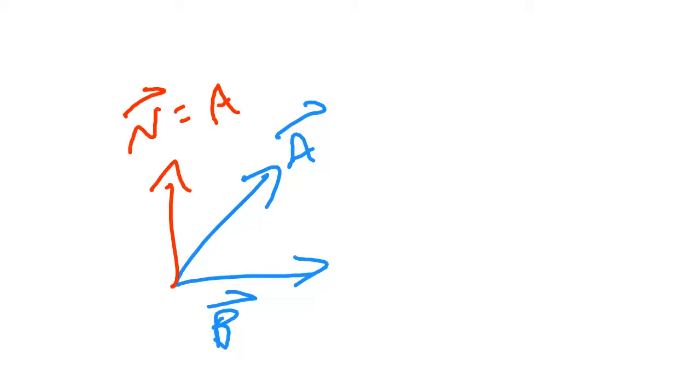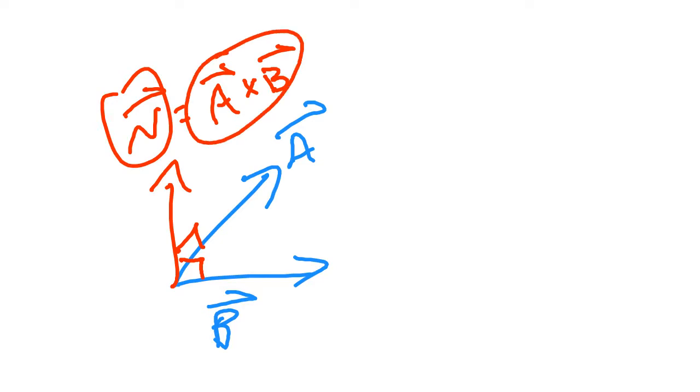So we can come up with a normal vector. That's why I kept calling it N instead of A cross B. So the reality is when we have A vector and B vector, I was calling the perpendicular vector N vector, but one of the N vectors could be A vector cross B vector, right? Really that's what I was doing, because there's a lot of N vectors to the plane, to the blue plane.